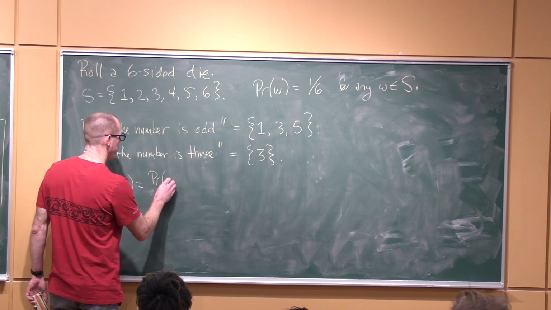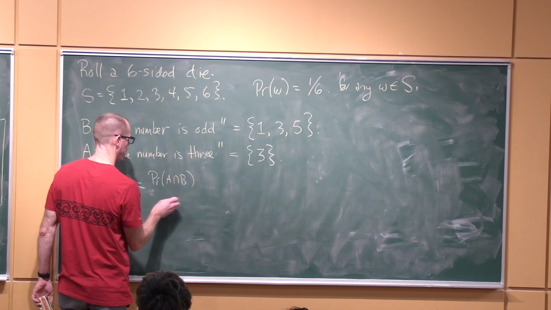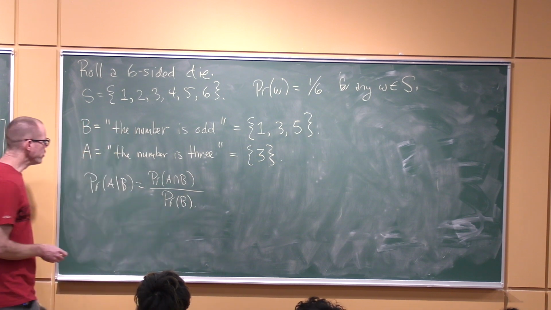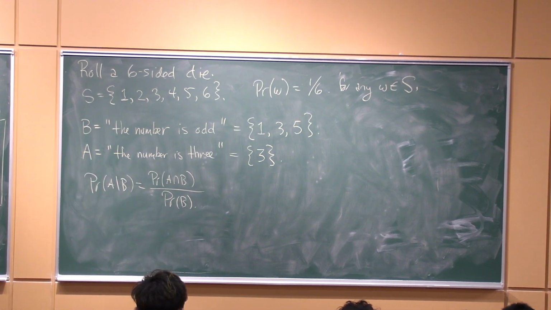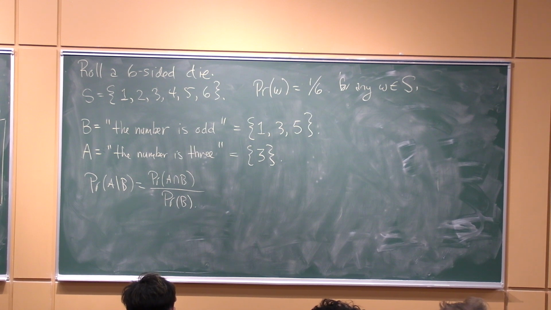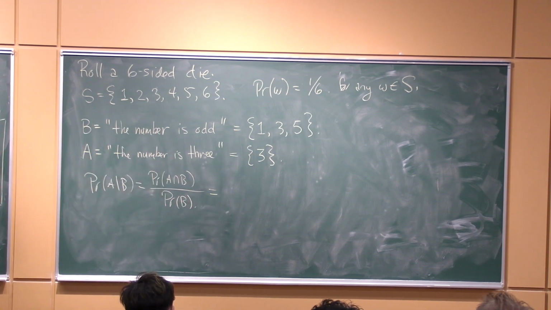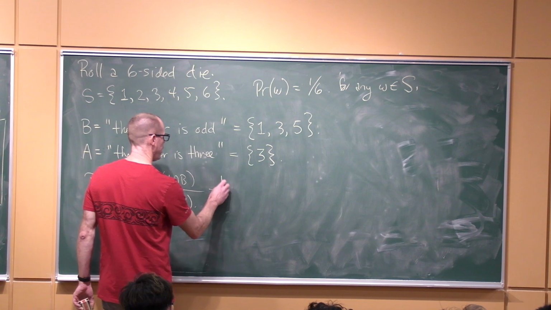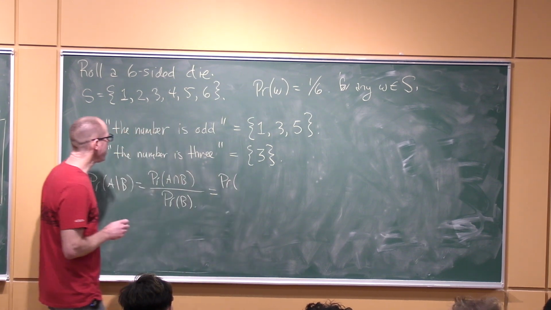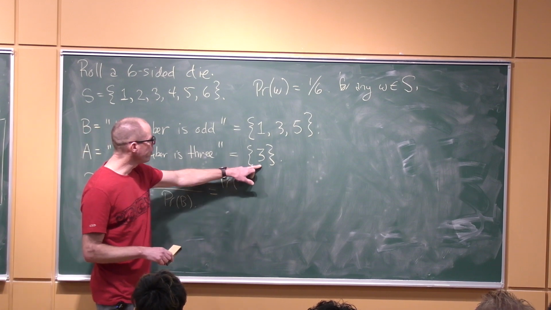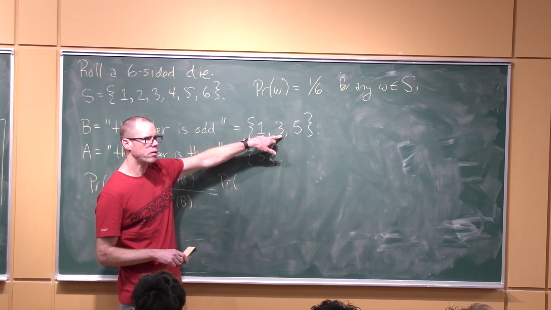So that's the probability of A intersect B divided by the probability of B. We're allowed to use this definition because probability of B is bigger than 0. In fact, it's actually half in this case. So this is the probability of, well, A intersect B. So here's A, it has 3 in it, and B also has 3 in it.